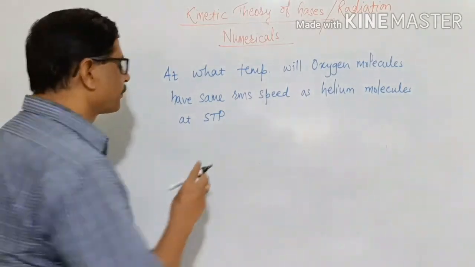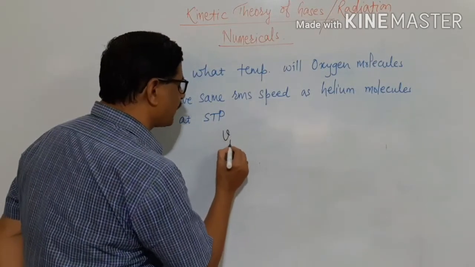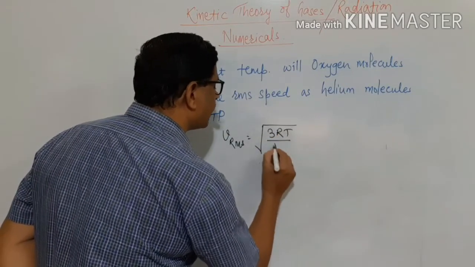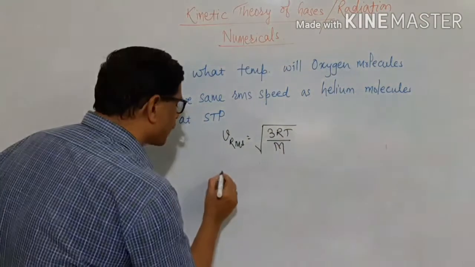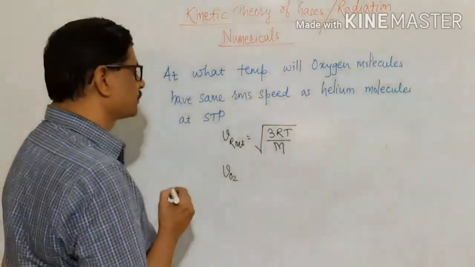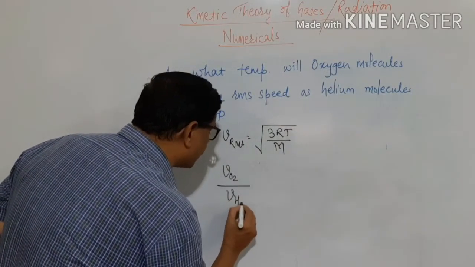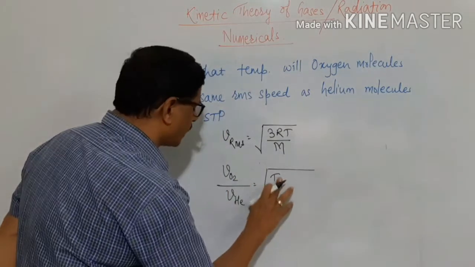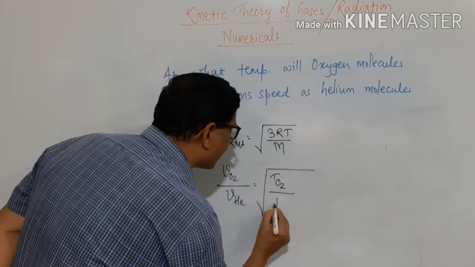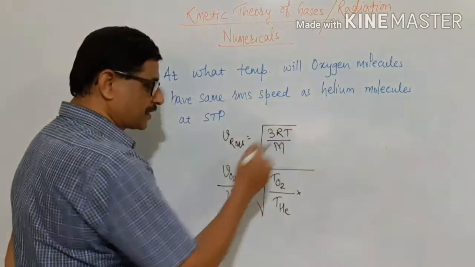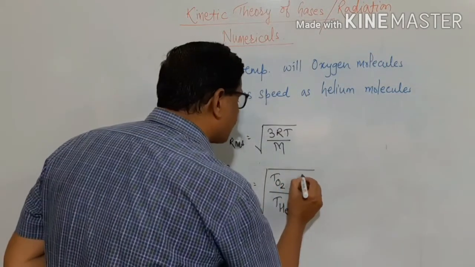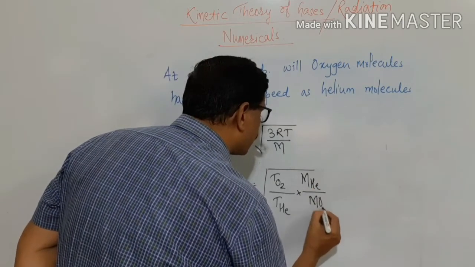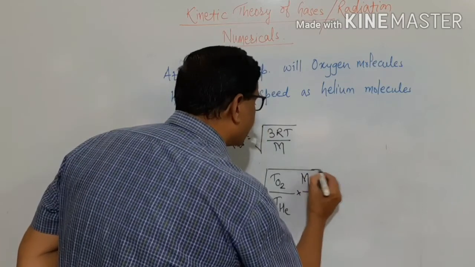We know that the RMS speed of gas molecules Vrms is equal to under root of 3RT divided by capital M. Therefore, RMS speed of oxygen molecule divided by RMS speed of helium molecule is equal to, as it is directly proportional to temperature, and inversely proportional to molecular mass, root of temperature of oxygen divided by temperature of helium into molecular mass of helium divided by molecular mass of oxygen.